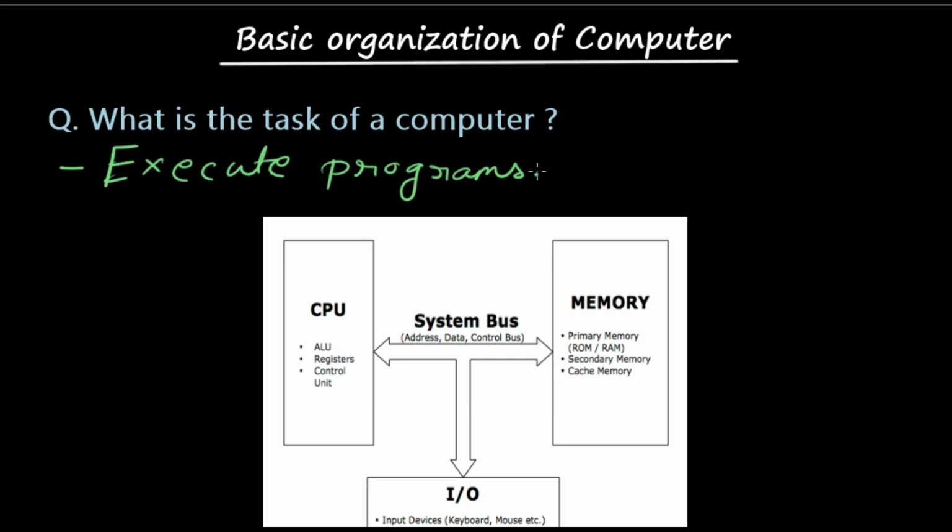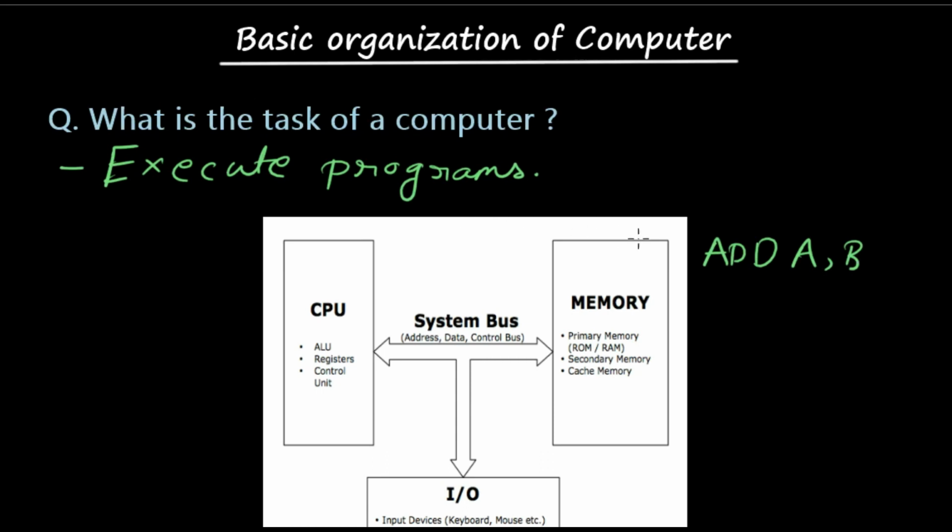Now suppose you say add a comma b. This instruction, add a, b, cannot be understood by a computer. Why?